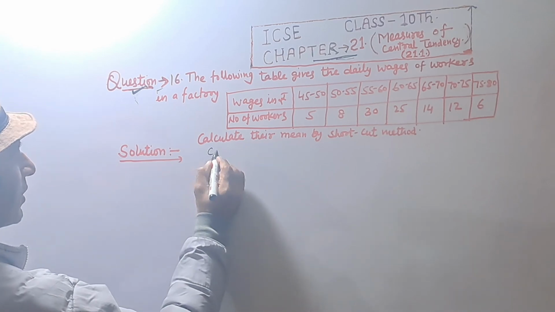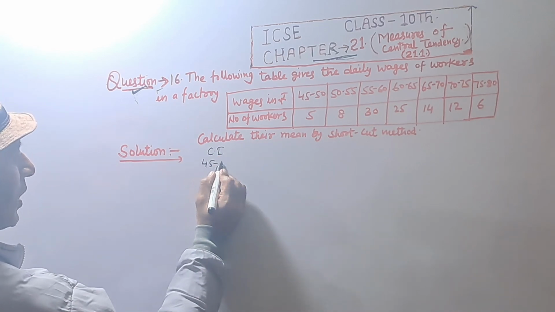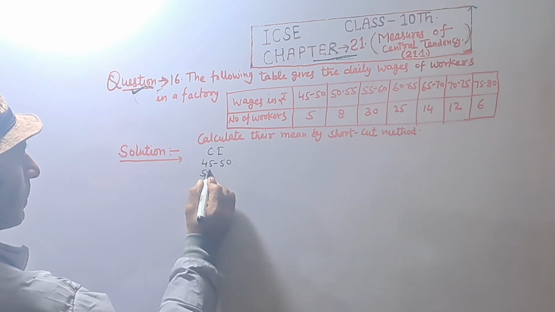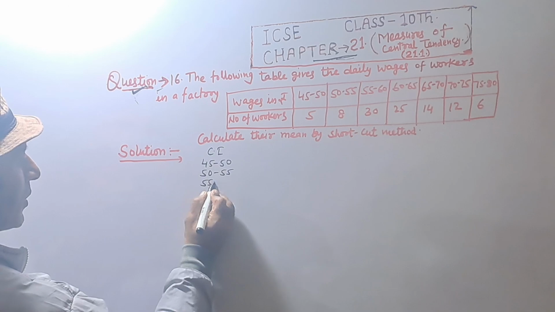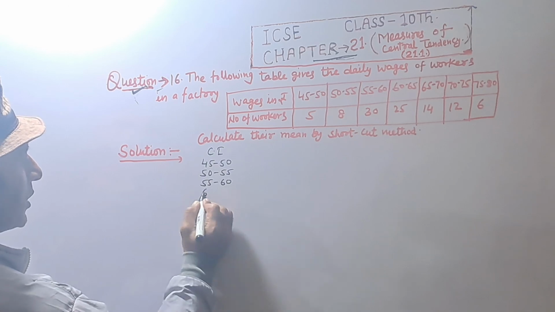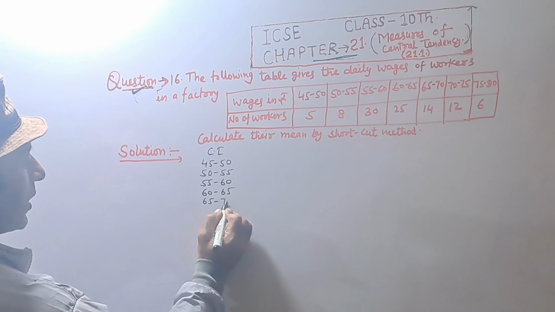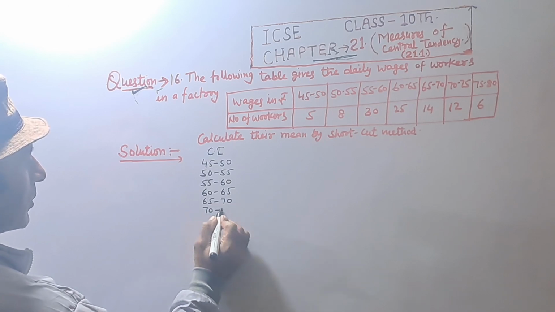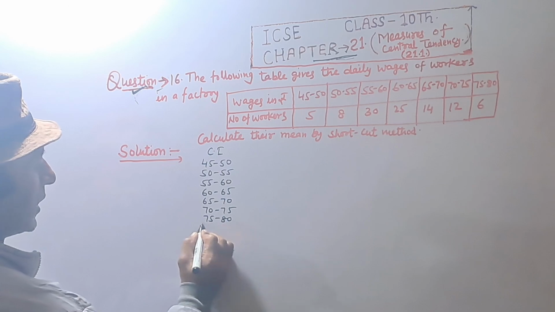Class interval: 45 to 50, 50 to 55, 55 to 60, 60 to 65, 65 to 70, 70 to 75, and 75 to 80.